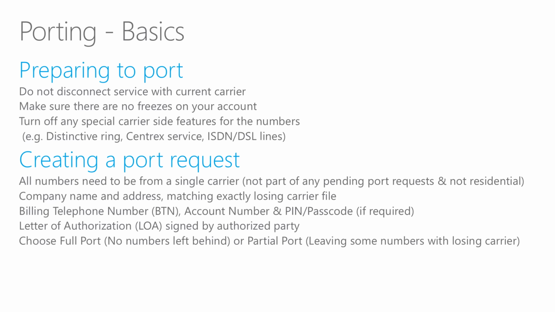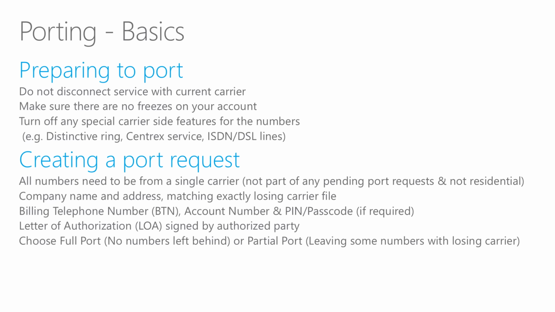And then you need to create a port request. All numbers within a port request need to be from a single carrier. So if you have multiple carriers, you need to create at least one porting request per carrier. And please make sure that the numbers are not already part of an existing port request. You need to have your company name and address matching exactly the losing carrier file.